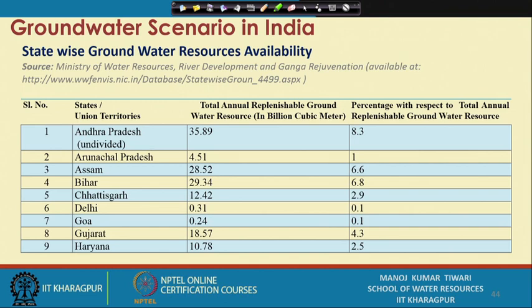If you see this table, the undivided Andhra, which has now been bifurcated into Telangana as well, but this data is probably of 2013.